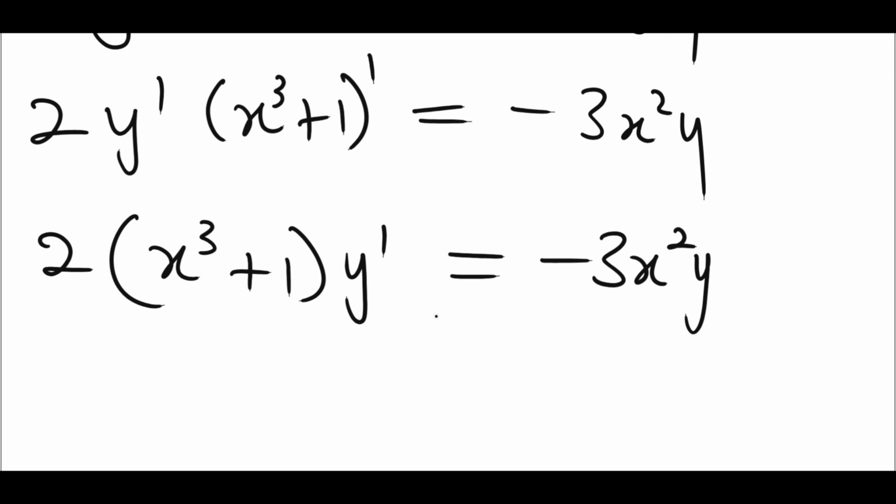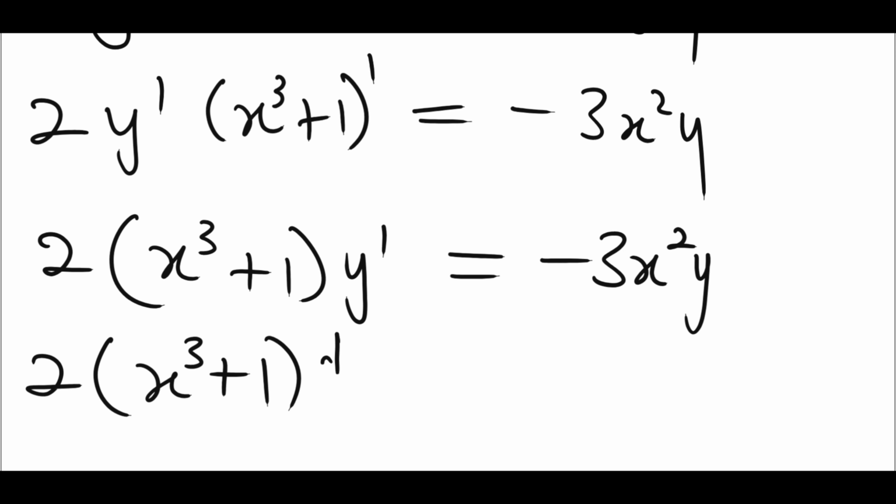And we know our y prime to be dy dx. So 2 multiplying x cubed plus 1 dy dx is equal to negative 3x squared y as it is given. So we have now shown that 2 multiplying x cubed plus 1 dy dx is equal to negative 3x squared y.